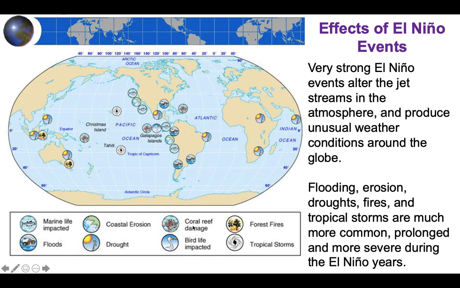Significant coral reef damages take place during El Nino events. The Galapagos Islands and the southwestern Pacific Ocean islands, and then, of course, along the coast of Australia, also the coral reefs have been damaged during El Nino events.